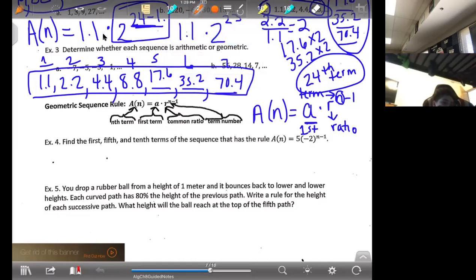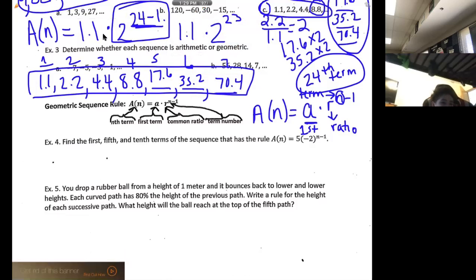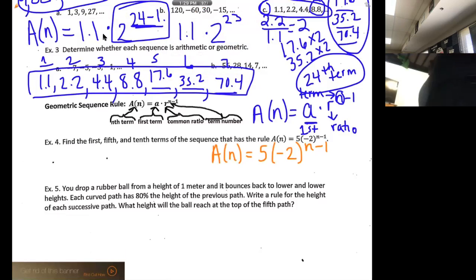It says find the first, the fifth, and the 10th terms of the sequence that has the rule a of n equals 5 times -2 to the n minus 1. Now it says find the first, the fifth, and the 10th. So how many answers are we going to have? 3 answers. We're first going to have the first one.